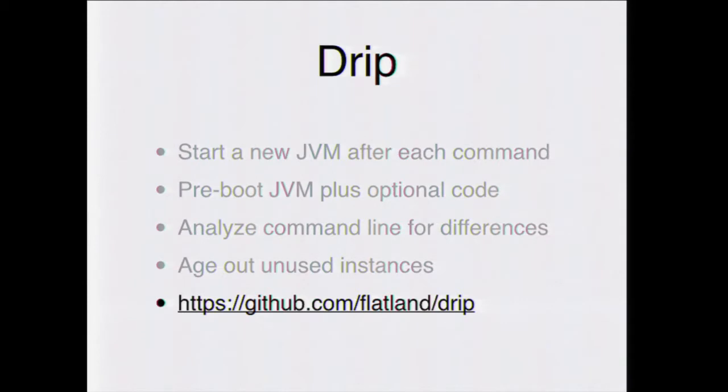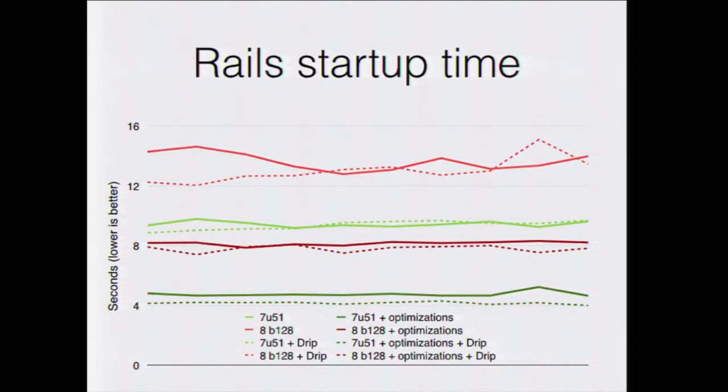Okay. And so how does this affect the startup time? This is just running 20 invocations of rake -T against this simple Rails app from scratch with a Postgres adapter. And the green lines, in general, are for Java 7, red lines are for Java 8.